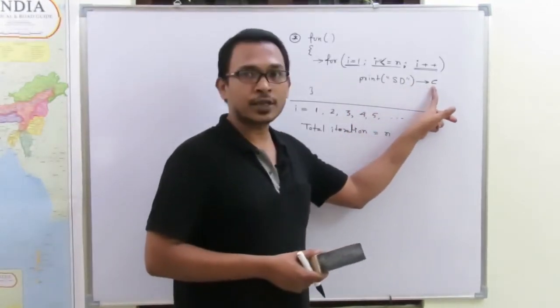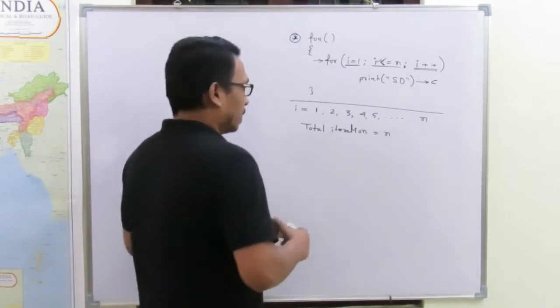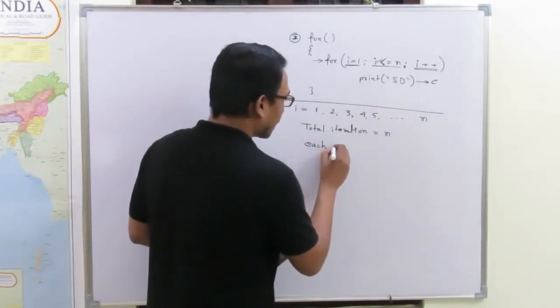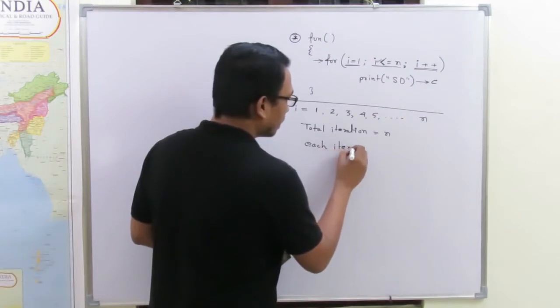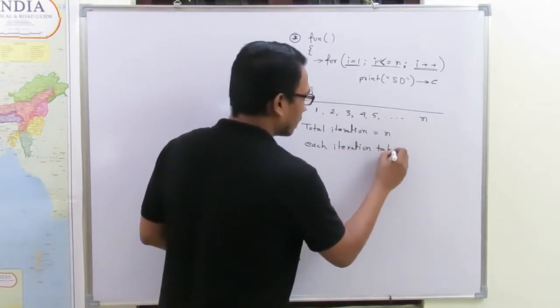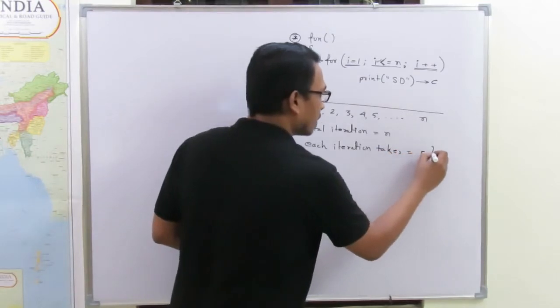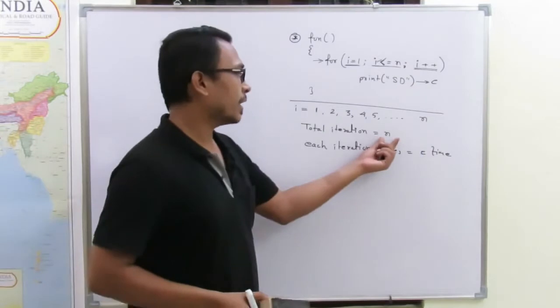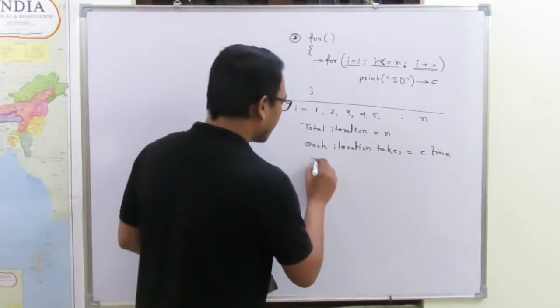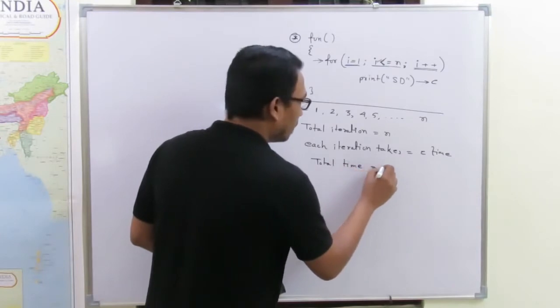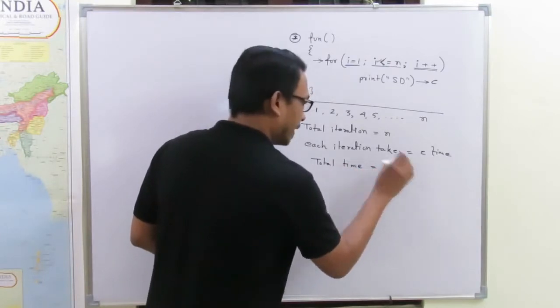Only a constant time. So each iteration takes c time, and we have total n iterations. So total time will be c into n.